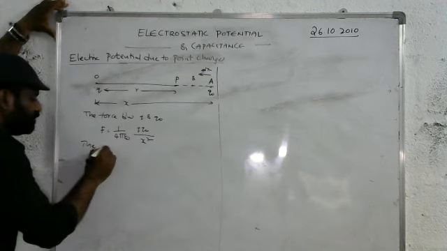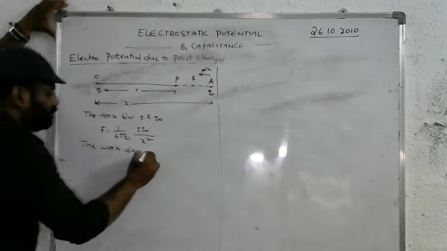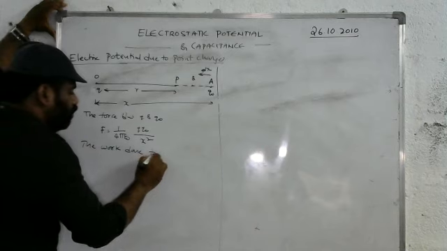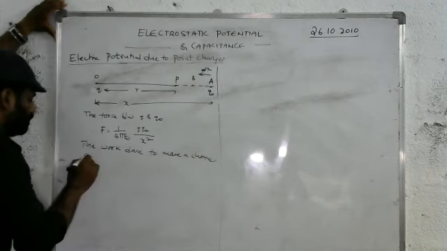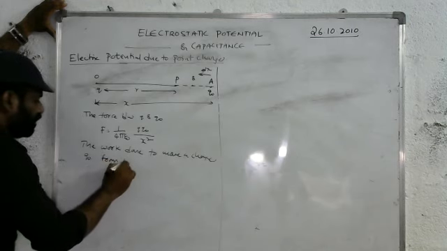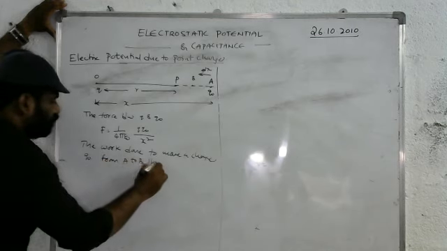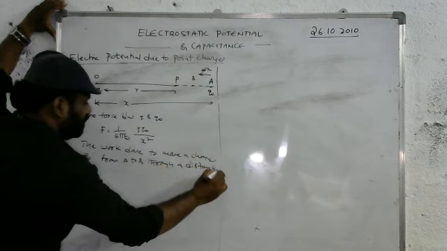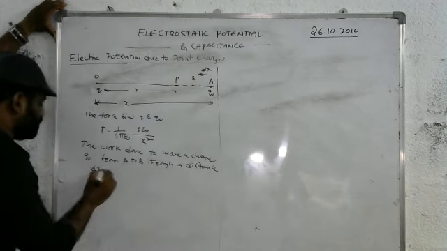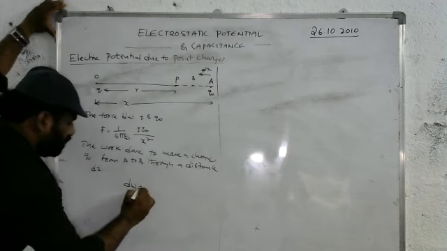Then the small work done to move a charge Q naught from A to B through a distance dx is dW.